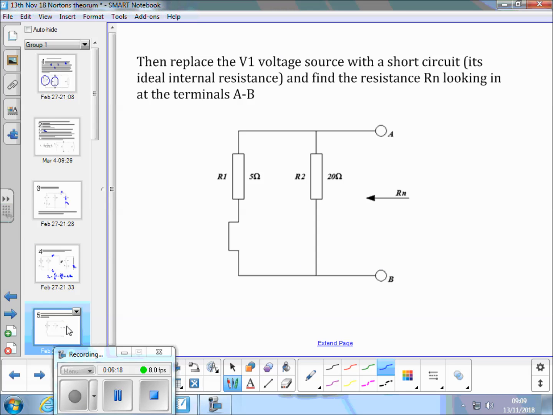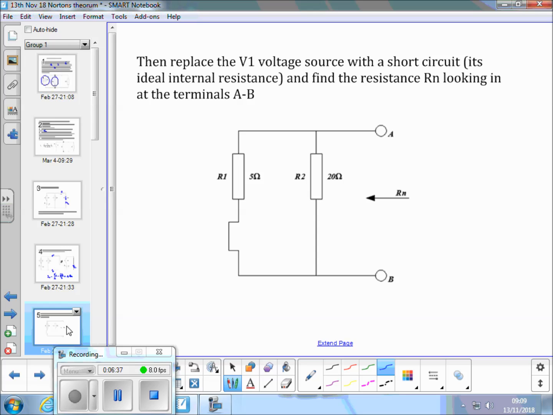Okay. The next bit is to calculate the Norton's resistance value, which is the resistance looking back in at the terminals A and B, having replaced all sources of voltage and current with our ideal internal resistances.